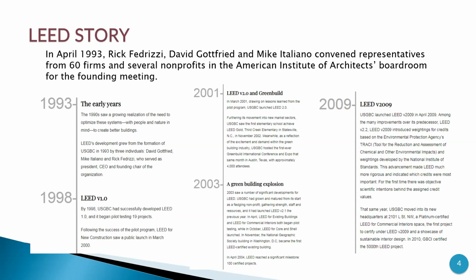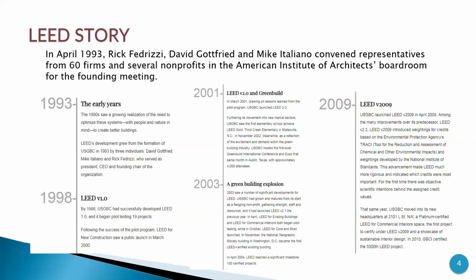These people are members of it. They invited representatives from 60 different firms and several non-profit organizations from AIA, and in 1993 they formed something called the USGBC, all 3 people together.